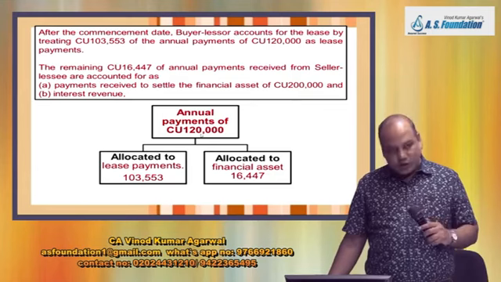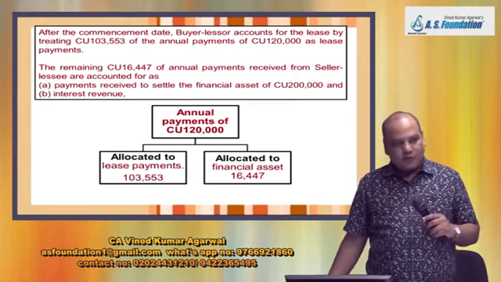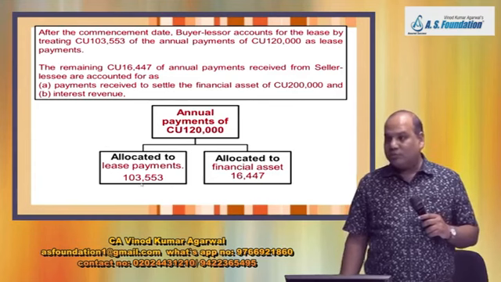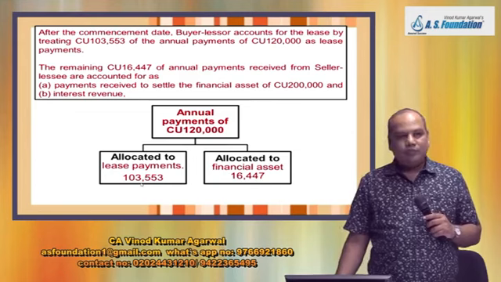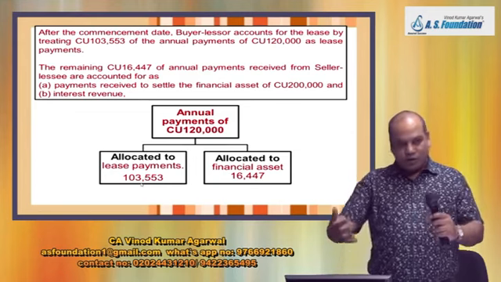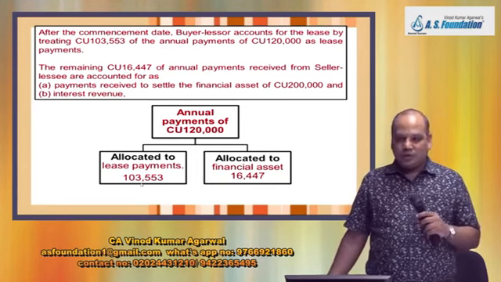So 1,20,000, a portion towards lease payment and financial asset. Remember, both these numbers include interest also. So while recording the transaction, the interest portion will be recorded separately.